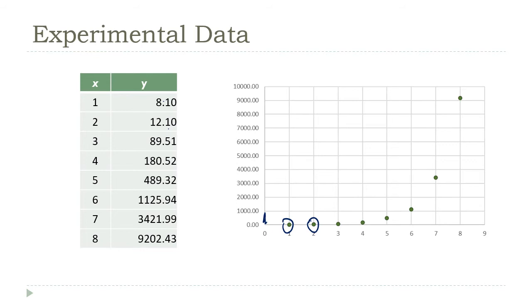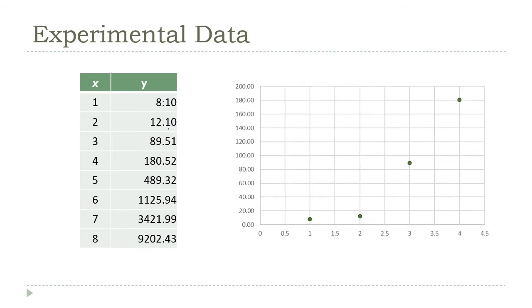So when you have a situation like this where the range is really large and some of your data is clustered in one part of it, one thing that it's a good idea to do is to zoom in, right? So that's what this next graph does. It just looks at those first 4 data values.